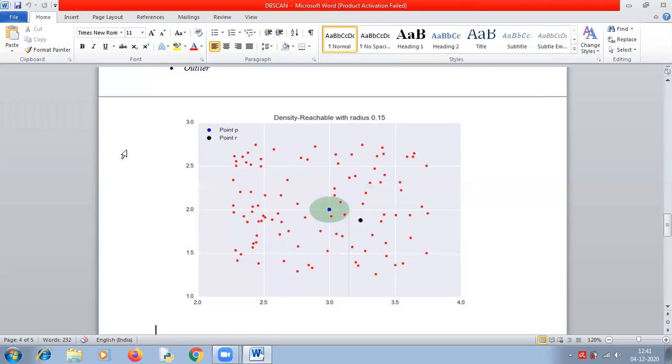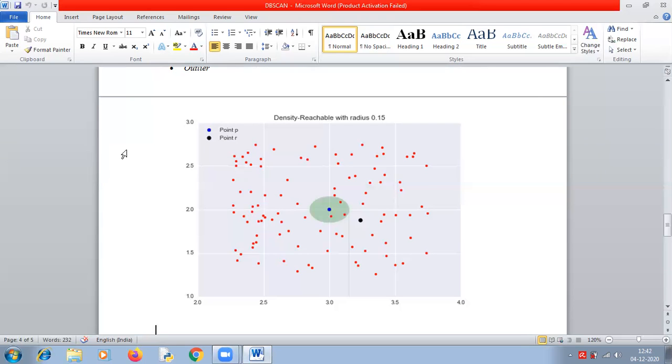So here the point P is the core point, with radius equals 0.15, and we are considering a new point, that is point R, which is the black point. This is outside of the point P's neighborhood, correct?